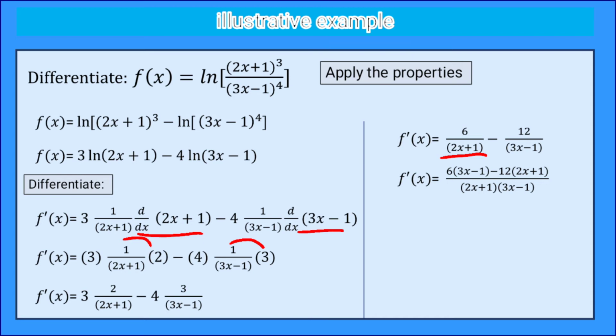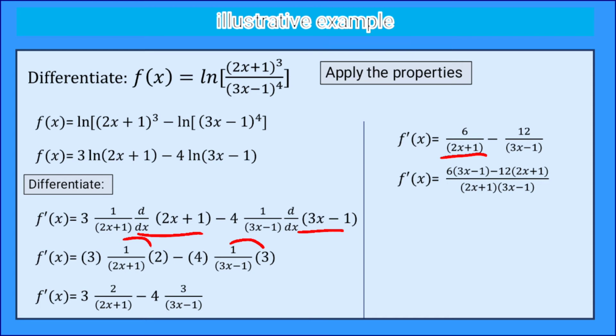That's why we have 6 times 3x minus 1. And then 2x plus 1 times 3x minus 1 divided by 3x minus 1, we have the resulting quotient of 2x plus 1. And then we need to multiply to our numerator, which is 12. That's why we have minus 12 times 2x plus 1 here in our numerator.